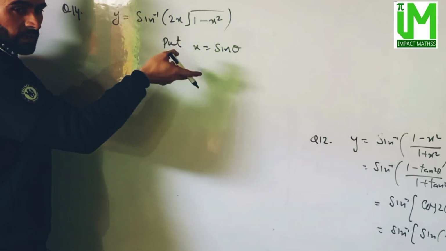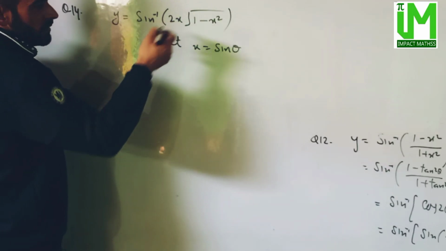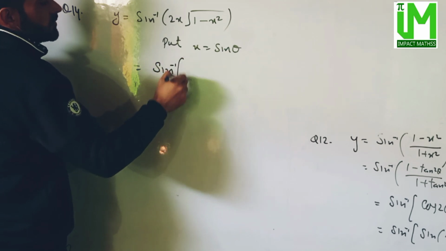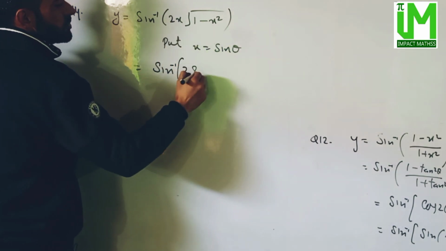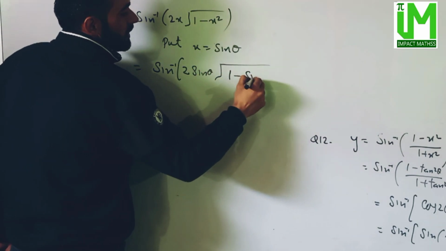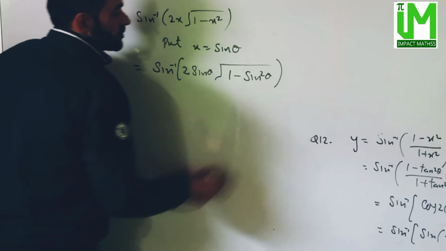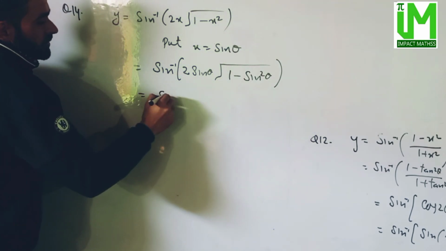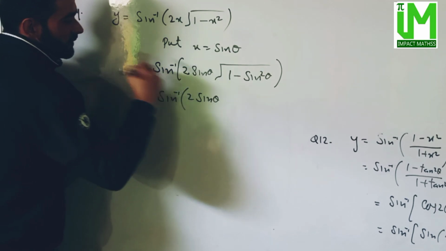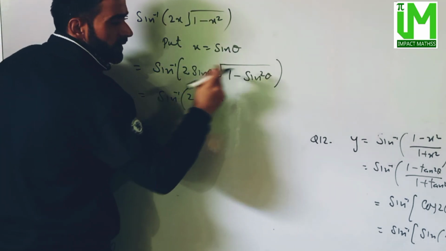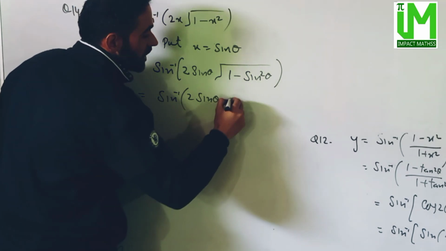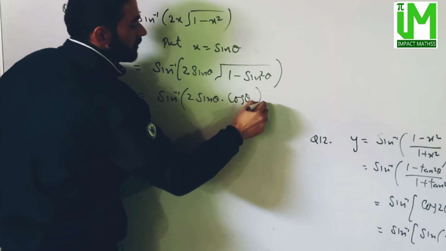So sin inverse gets cancelled and it will be only 2 theta. So we write sin inverse of 2 into sin theta into under root of 1 minus sin square theta, which is cos theta.